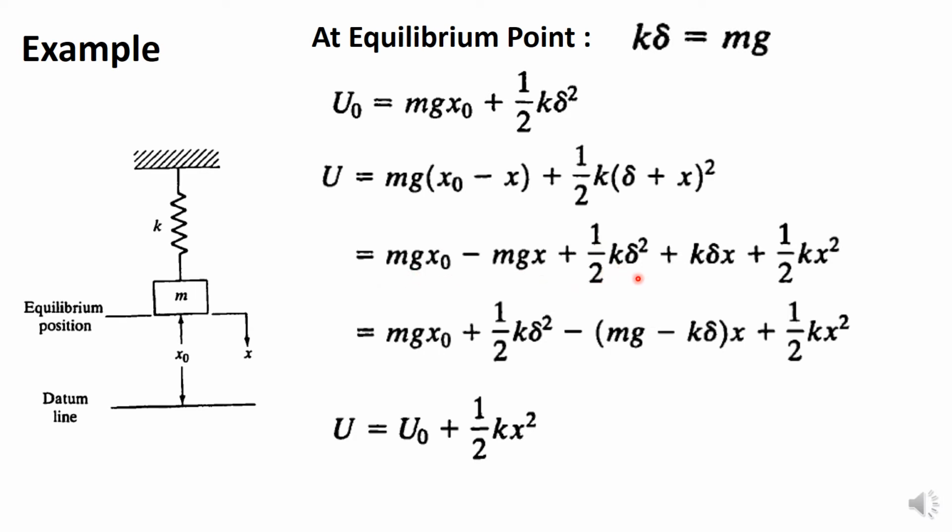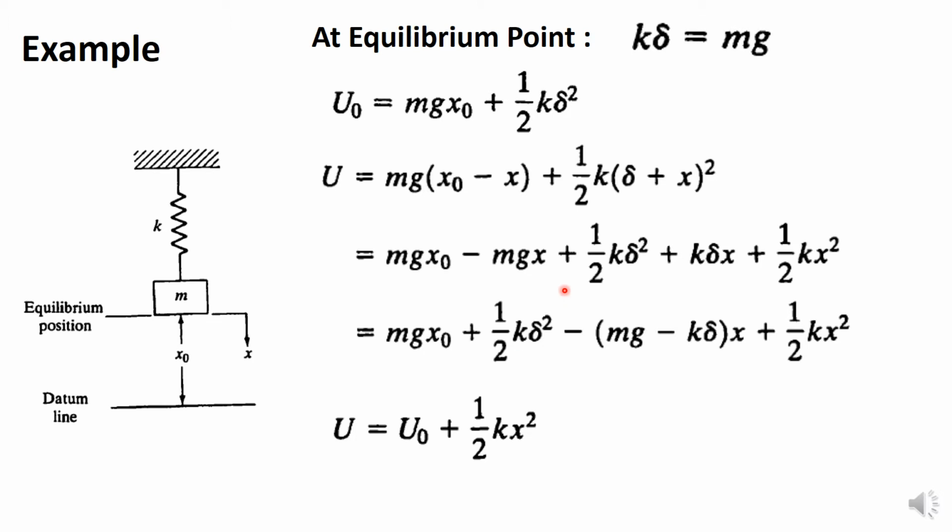This will be mg x0 minus mg x, plus 1 over 2 k deflection power 2, plus k deflection x, plus 1 over 2 k x2. Then we can try to get the x terms together, move this term and this term together, the other terms the same here, because mg equals k times the deflection, so this term will disappear.